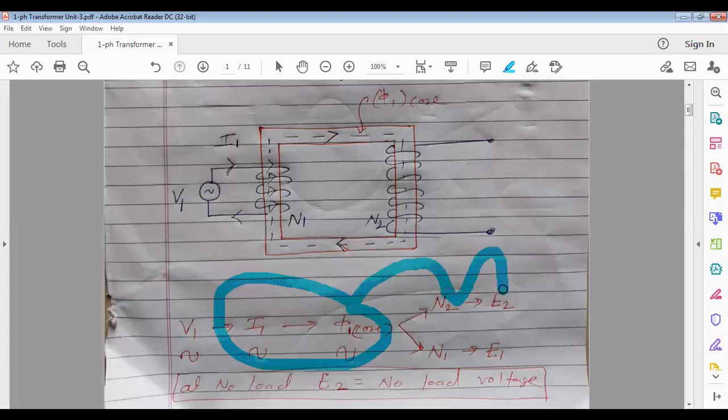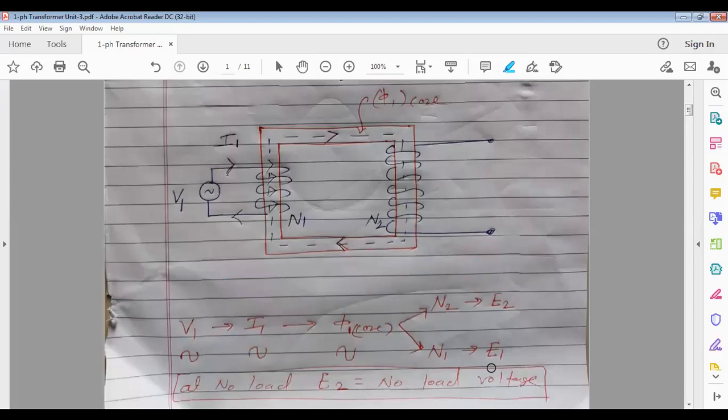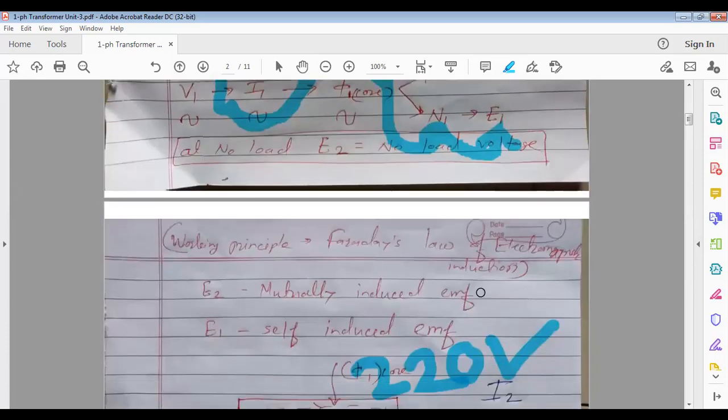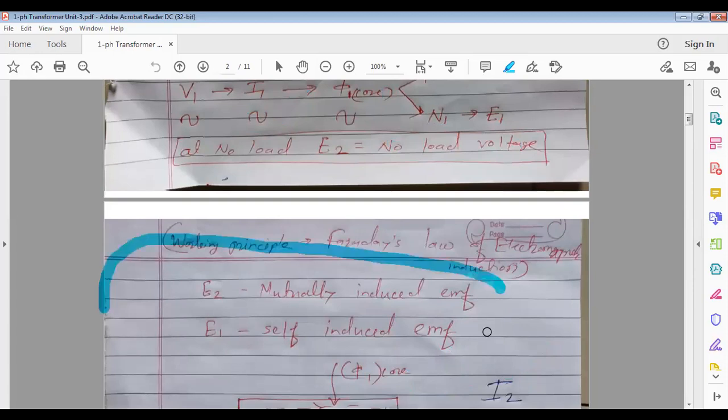That's why E2 is mutually induced EMF. And what about E1? Self-induced. Self-induced EMF because N1 I1 produces the flux phi1 and the same flux phi1 comes in contact with the turns itself, and that's why EMF gets induced. So E1 is self-induced EMF. Okay. So see here I have written E2 is mutually induced EMF and E1 is self-induced EMF.